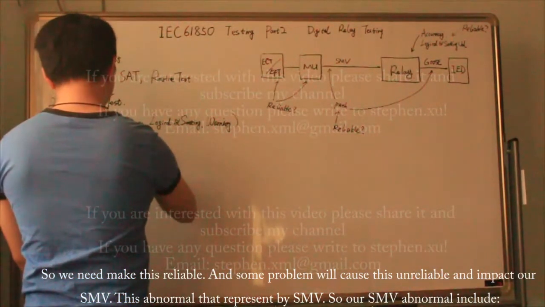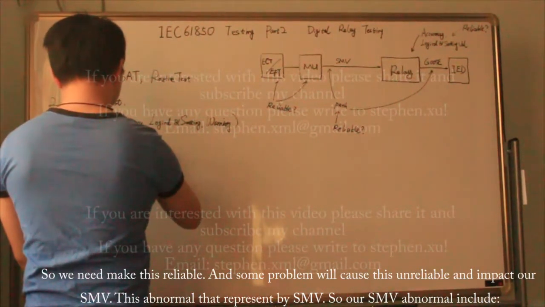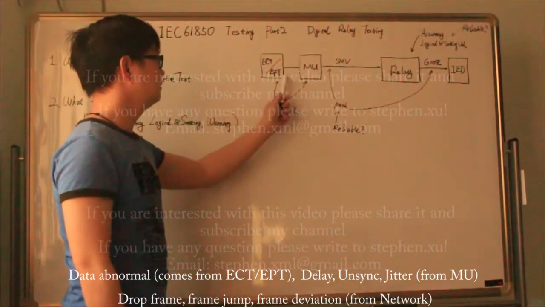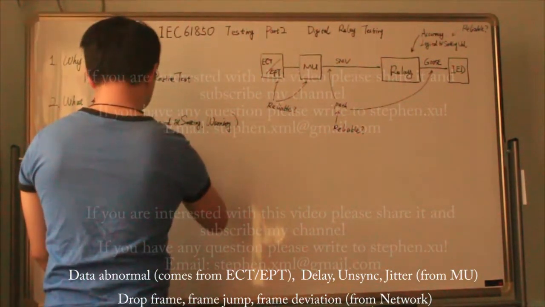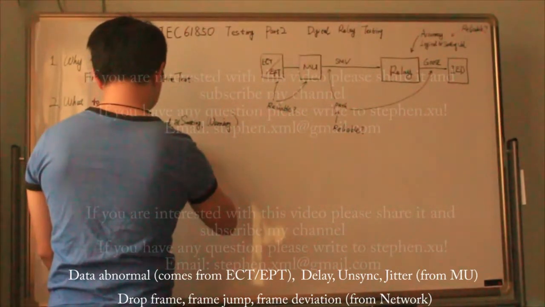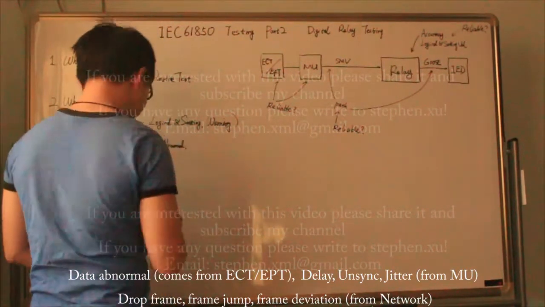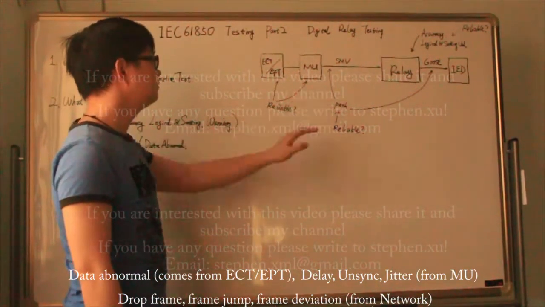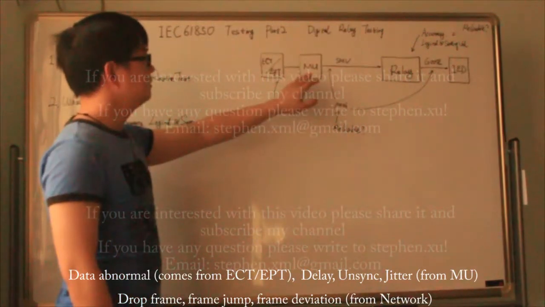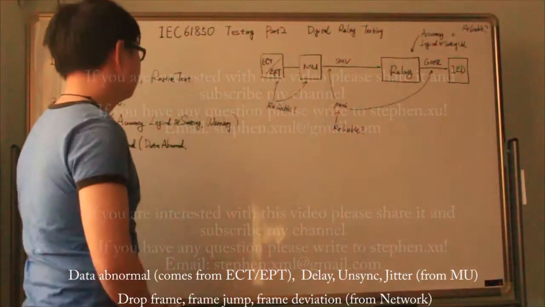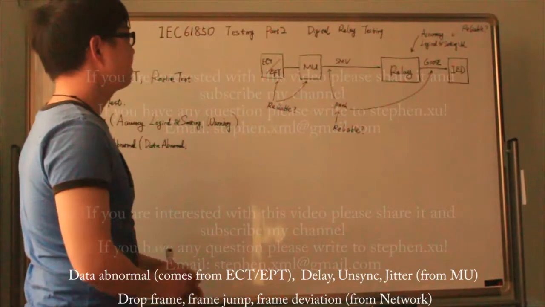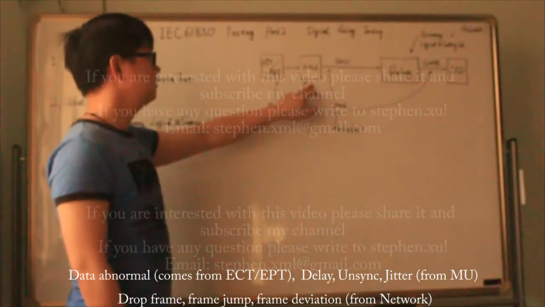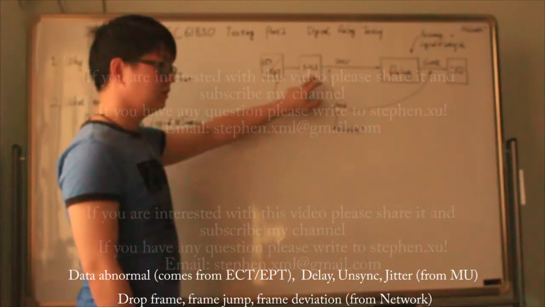Our SMV abnormality includes data abnormality, which comes from the ECT, EPT, and we also have abnormality from the MU, like MU delay, or MU unsync, or jitter and so on.